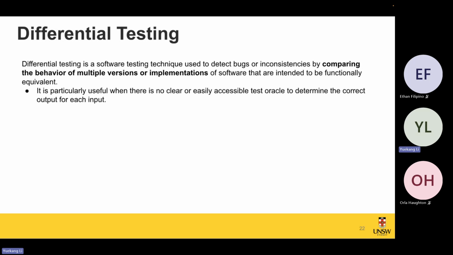If they cannot give us the same result, it means that at least one of them is wrong, right? Most of the time, at least one of them is wrong.